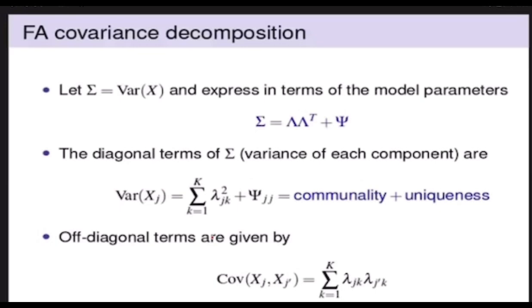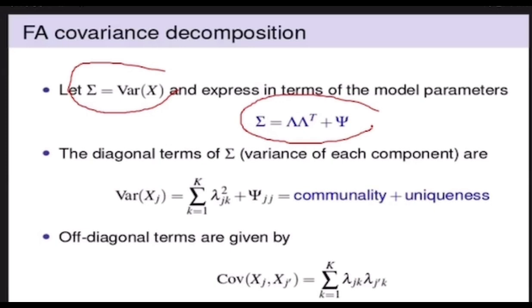decomposition of the covariance. If you take a look at what I have here, that's a population covariance, right? The population covariance equals the variance of X. Don't forget, what is my X? The X are the features, X1 up to XP. And we're decomposing the population covariance into the communality and the uniqueness.